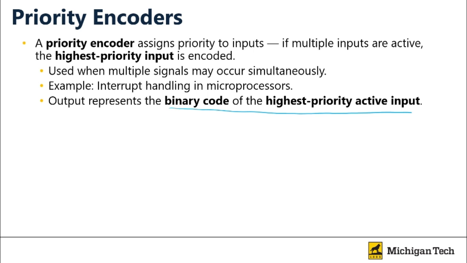Like for example, in that 4 to 2 encoder that we talked about, D0 to D3, and Y0 and Y1.